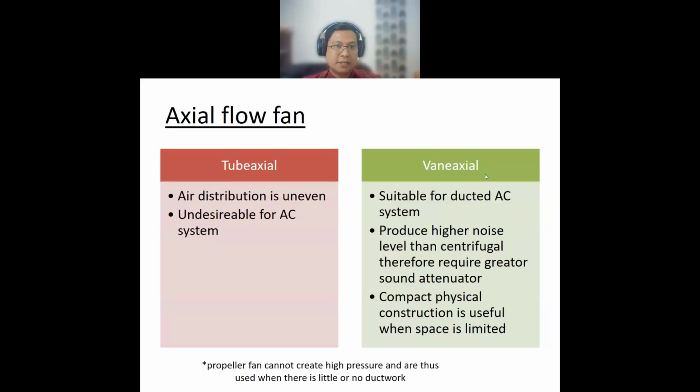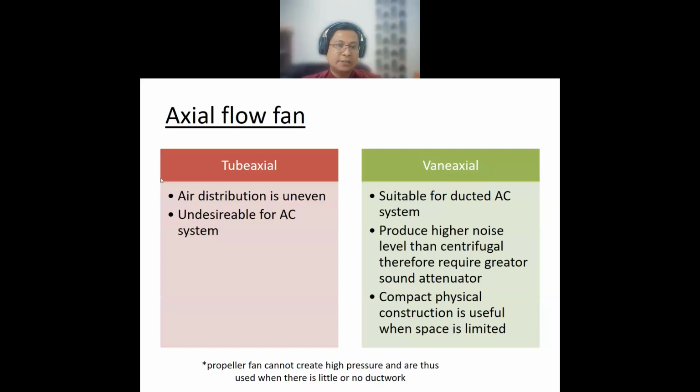Okay, now we touch on the other type of fan. We go to the axial flow fan. In the tube axial, we can differentiate it from the vane axial. The distribution is uneven, suitable for a ducted aircon system.